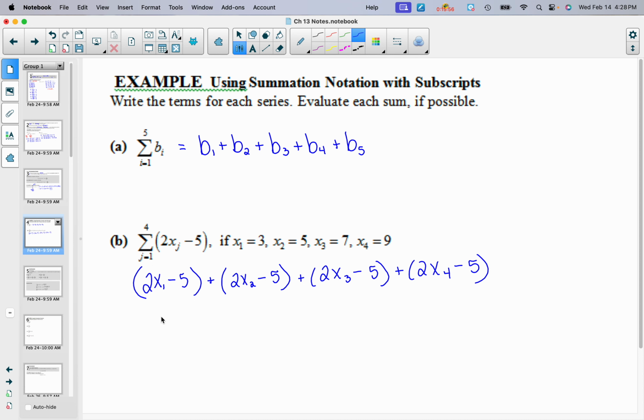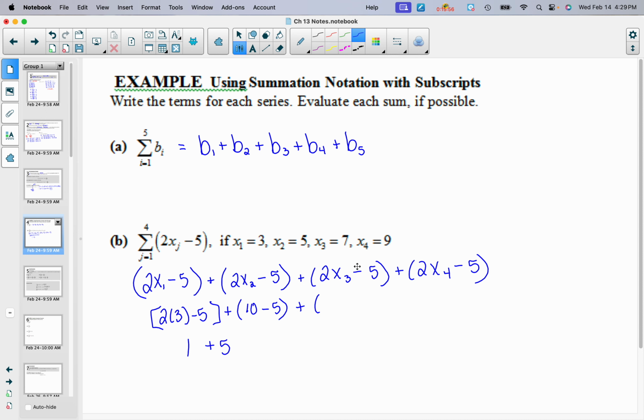But now I can plug in those values. So I get 2 times 3 minus 5. I'm just going to actually work those out. So here we get 6 minus 5 is 1. Plus, here I'm going to plug in the 5 right here. 2 times 5 is 10, so I get 10 minus 5, which is 5.